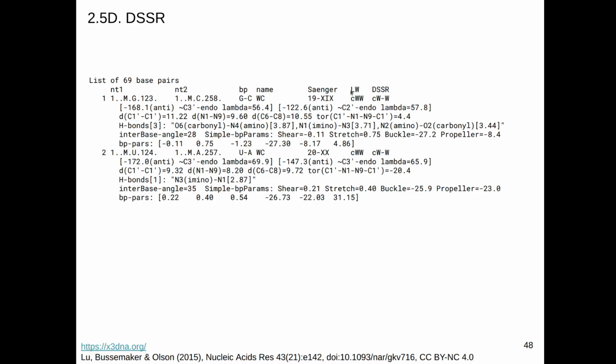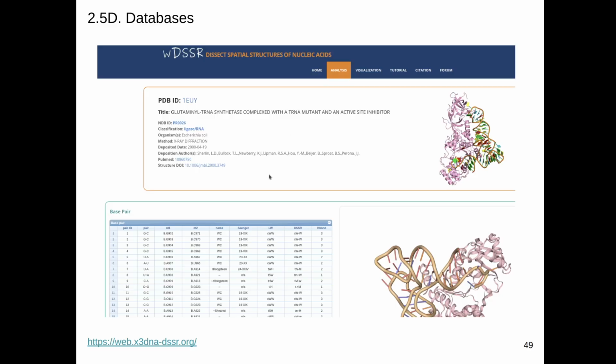Saenger class, Leontis-Westhof class, and some extended Leontis-Westhof class with the minus for anti-parallel orientations and plus for parallel orientations. Some values of the parameters, hydrogen bonds included in the base pairs, and so on. And this is the extended output of DSSR that I normally use. So these are the five base pair annotation tools.